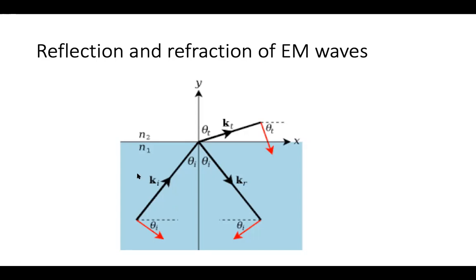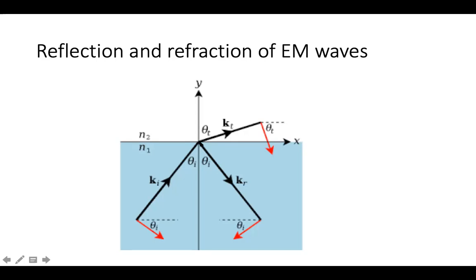Here n1 is a medium with refractive index n1, and here there is medium 2 with refractive index n2. Both media are different, there is dissimilarity, and this line is what we call the interface.